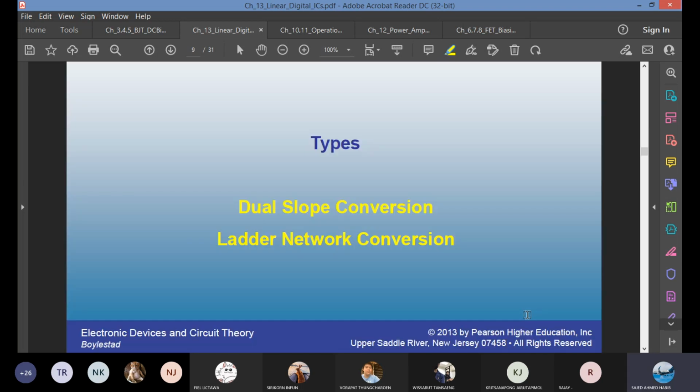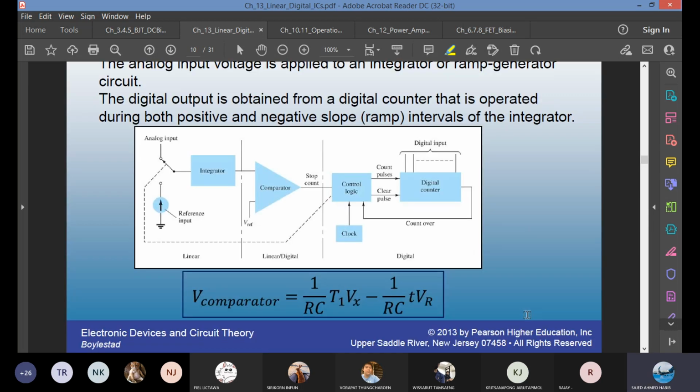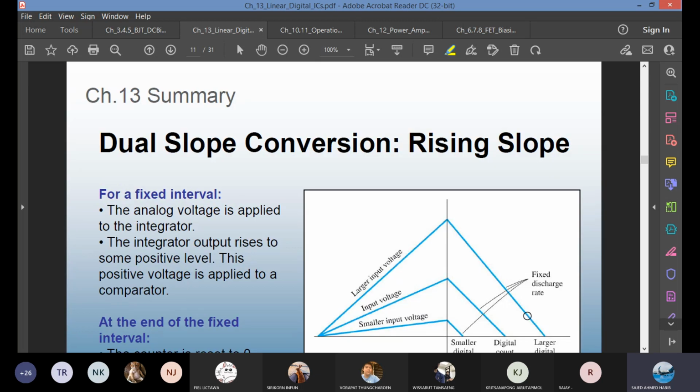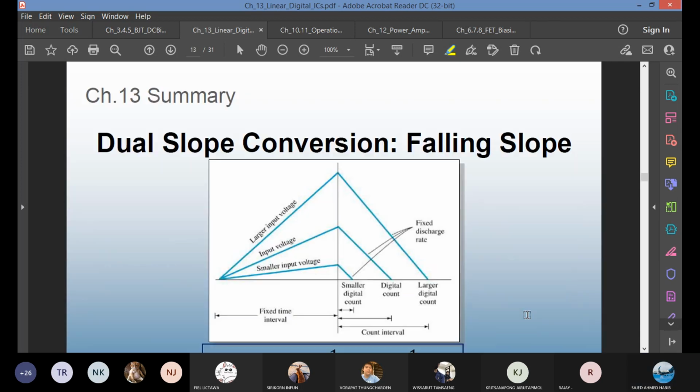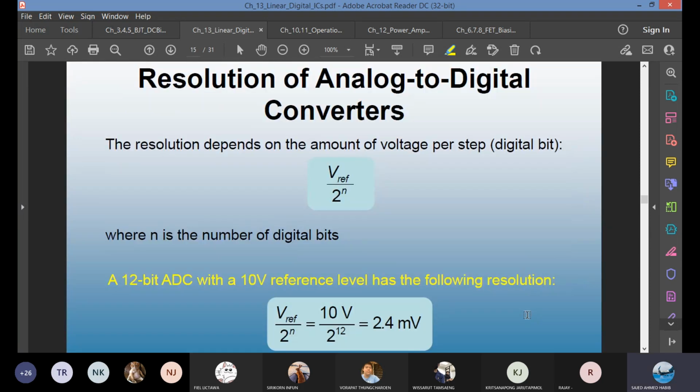For ADC, we studied 2 methods, dual slope and ladder network conversion. These are descriptive topics, so you can read the description and understand what happens. Same formula for resolution for analog to digital converter.